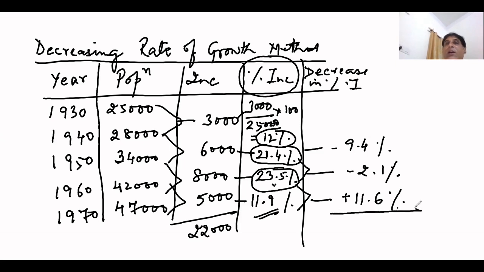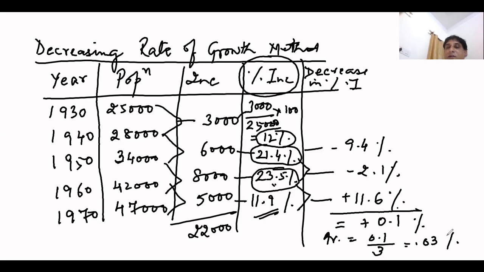Now, what is the accumulation of all these decreases? If you calculate, it will be plus 0.1%. Now, what was the average of this value? 0.1 divided by 3 comes out to 0.03%, right?